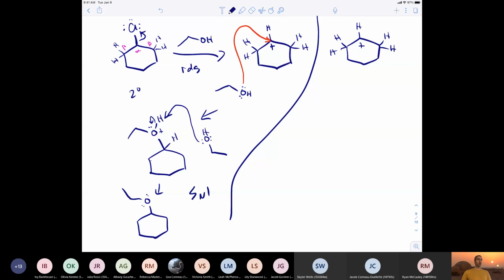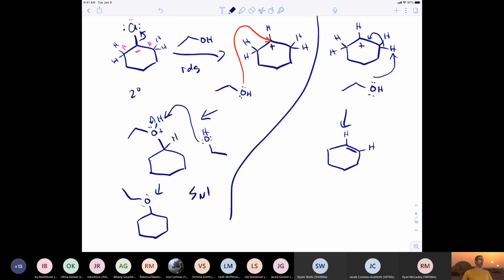We've substituted the chlorine for the alkoxide piece, which makes an ether. Now this one we said was going to be E1, and it removes a beta hydrogen. The CH bond makes a double bond. We get an alkene. Still have one hydrogen here and one hydrogen here.